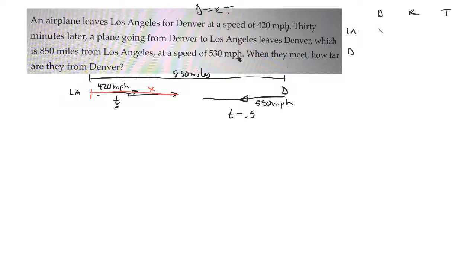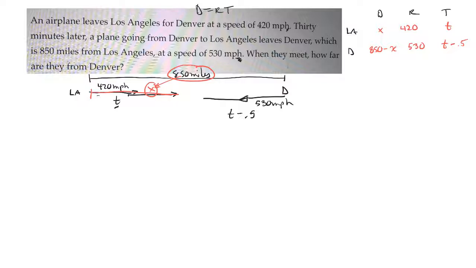So he goes X and he's going 420 miles an hour and his time is T. Then the person from Denver, their distance we don't know either, but the distance it would travel would be the whole distance minus whatever the first guy traveled, because that's where they meet. So its distance would be 850 minus whatever the LA plane goes. They're going 530 miles an hour, and their time is going to be T minus 0.5.